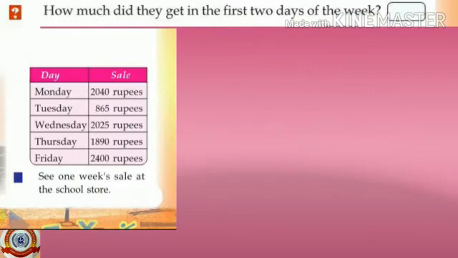How much did they get in the first 2 days of the week? Which are the first 2 days? Monday and Tuesday. Monday, they get 2040 rupees. Tuesday, they get 865 rupees. So, the amount they get in these 2 days together, just add 2040 and 865.